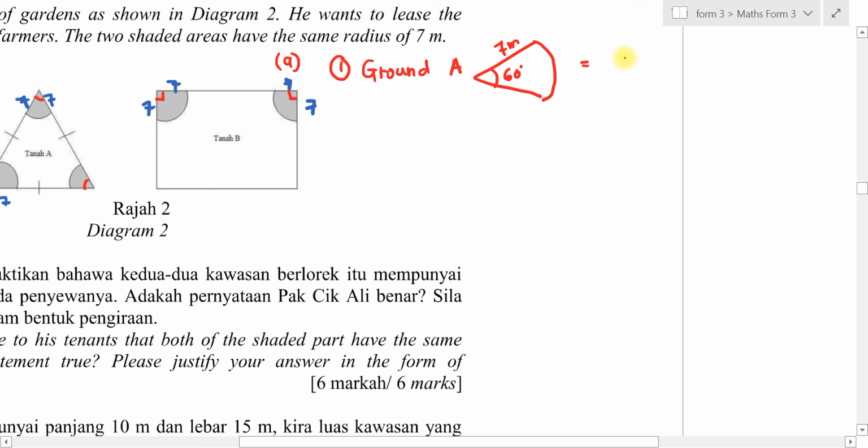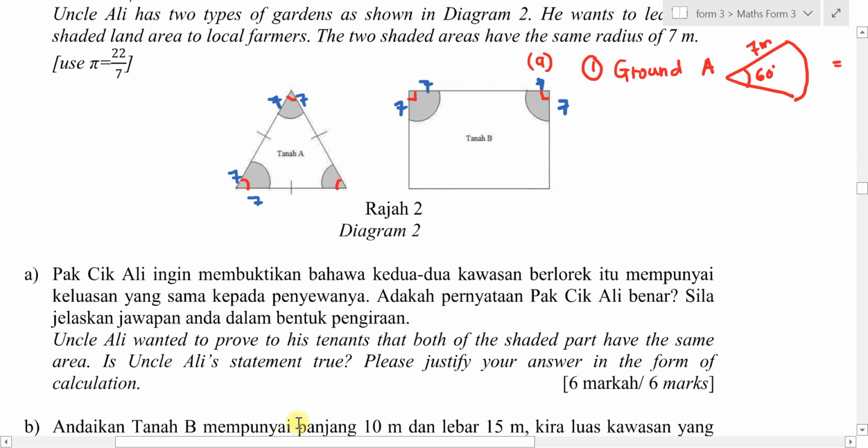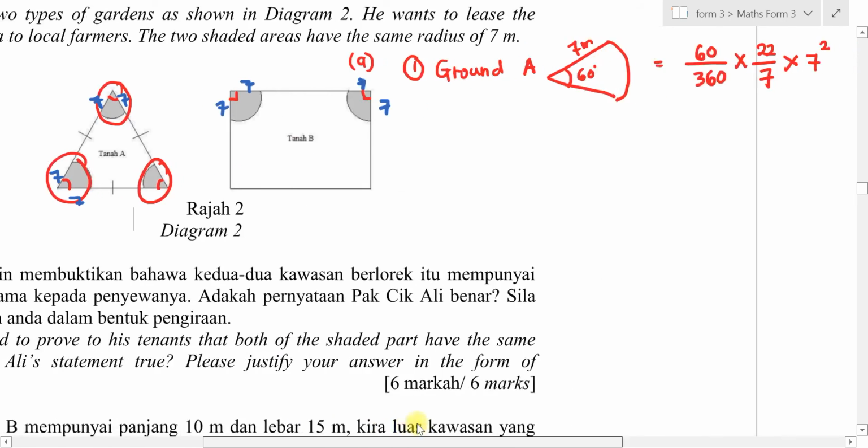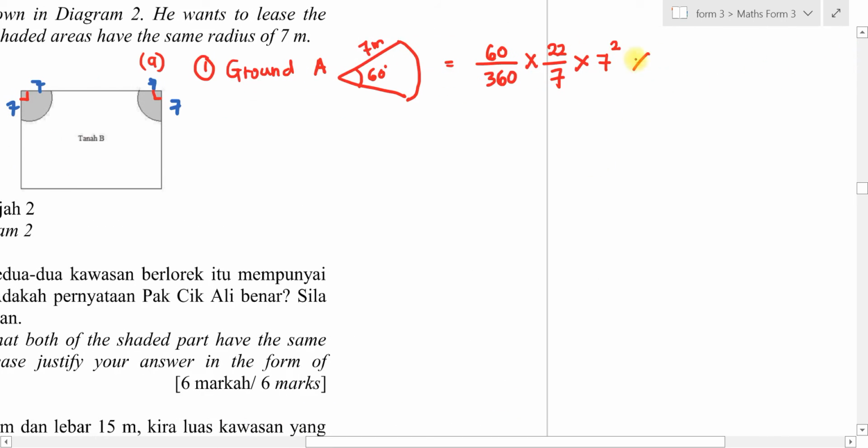So, its formula, take your 60/360 times pi 22/7 times the radius 7 square. But this one is for one area in the ground A. This is ground A, this is just one. How many are there? 3, right? So we multiply 3 in addition.